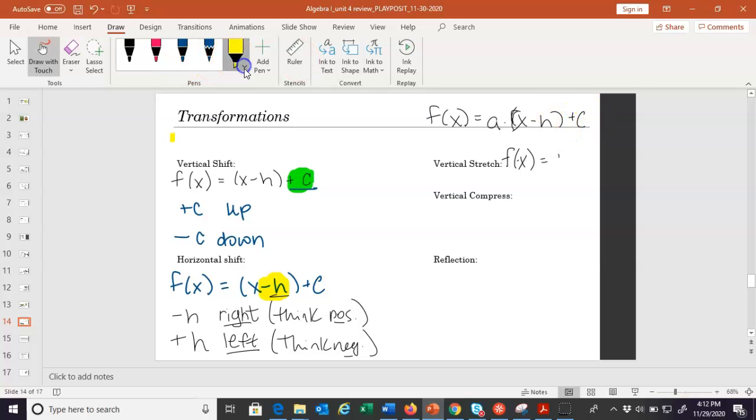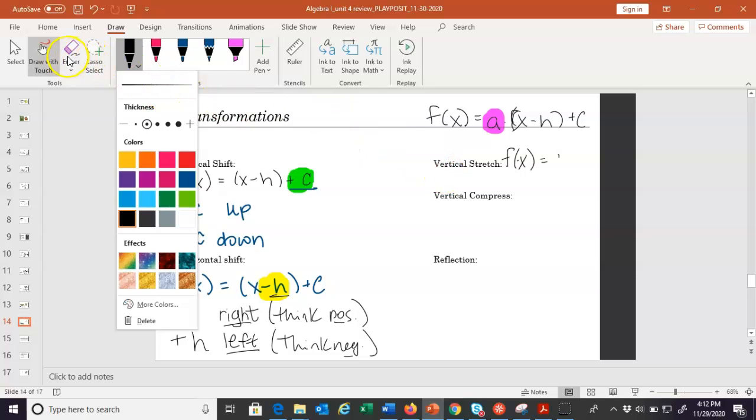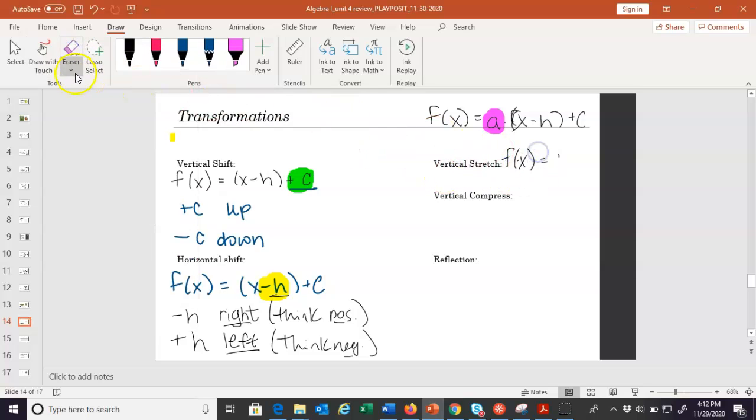Okay, f of x equals a times some function. Vertical stretching is affected by the slope, the a value, the number that's in front here.